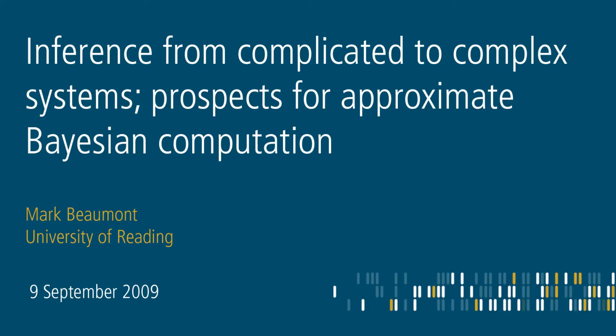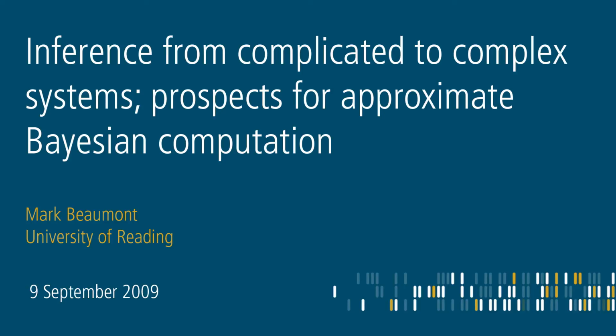And the consequence has been that there's been a level of certainty in the conclusions that have been drawn from the ABC method, because we can apply MCMC to simpler problems and it works okay. And then the idea is that you'll apply the ABC to a more complicated problem and fingers crossed it's giving you a reasonable answer.